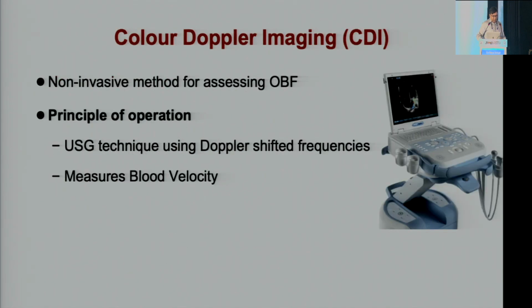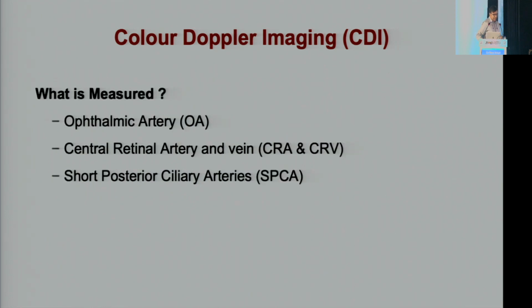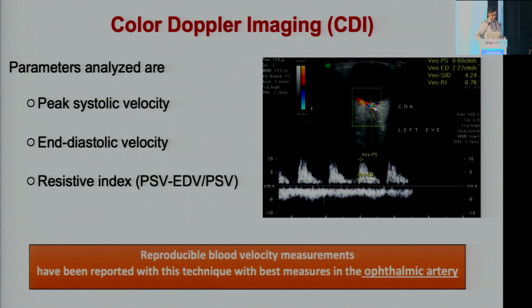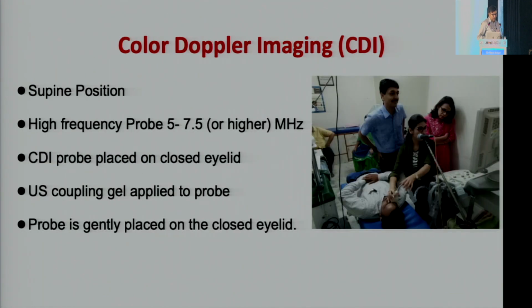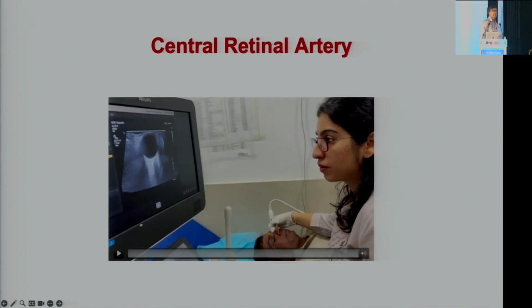As sir has told us about color Doppler imaging, I won't go into too much practical detail. Again, the same arteries: ophthalmic artery, central retinal artery, short posterior ciliary artery. Sir has told us there are a few parameters we have to see. That is my better half, Dr. Anchal, doing an ocular Doppler in a patient, and I'm not going into too much of the technique. Earlier it was said that this is all in concept, that we practically are not doing much ocular Doppler, and if we are, we are not getting good waveforms.